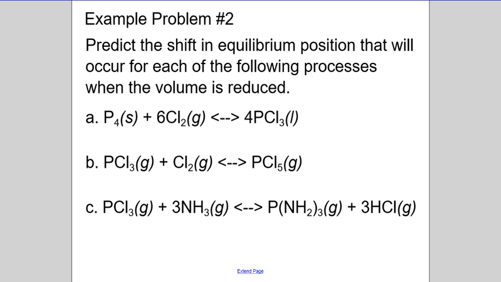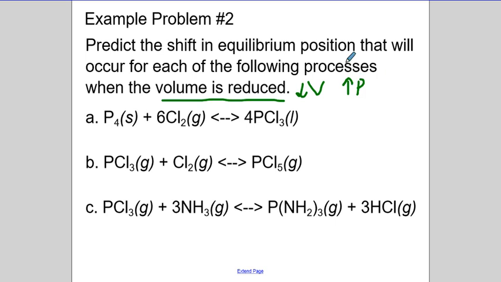Example number 2. So predict the shift that will occur based off of volume being reduced. So again, if volume is going down, then that means that pressure needs to go up. So this is the same thing as increasing pressure. So for each of these, we need to figure out how much gas is on each side here.